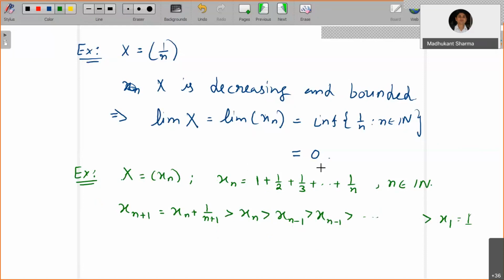If you run a computer program here, for n equals 50,000 or n equals a lakh, suppose you take n equals a lakh and sum up, you will get some number. Then you will feel that this is going to be bounded, but this is not true.